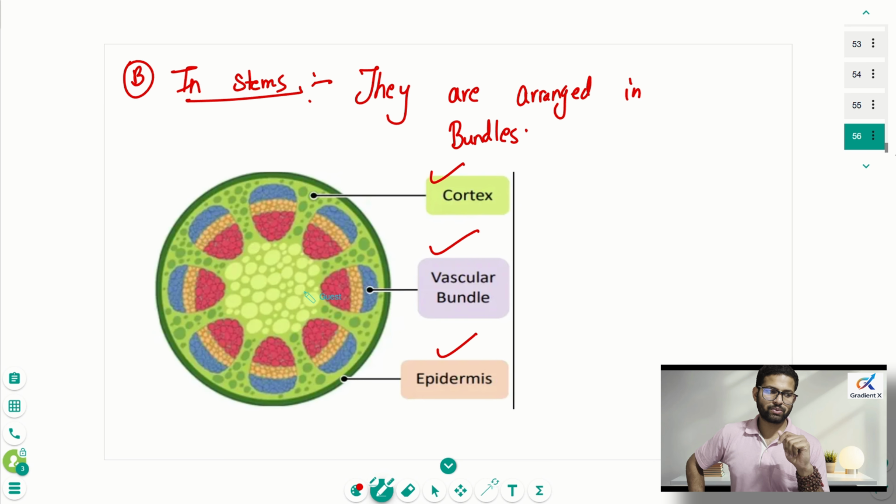The second one is the food transport system, that is through the phloem, right? From the leaf to the rest of the plant, and it is driven by translocation.